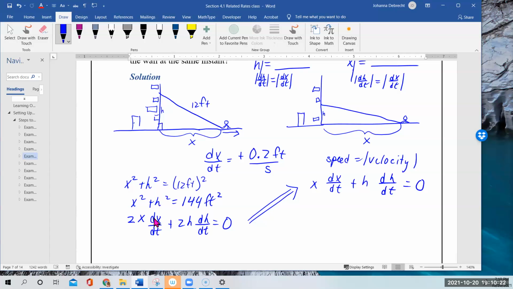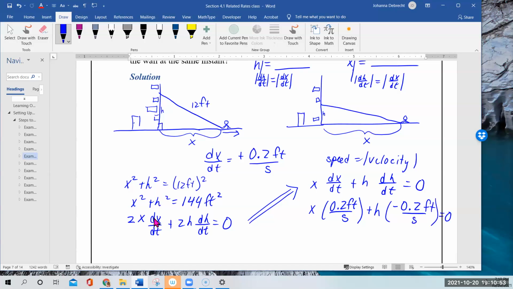I'm told that dx/dt is 0.2 feet per second, but I know that dx/dt is increasing. And I know that dh/dt is decreasing. But if they have the same magnitude, that means their absolute values are equal. So I can replace dh/dt with a negative 0.2 feet per second.